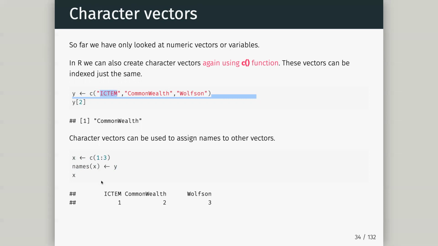And that gives me back now a named numeric vector. So I have my values 1 to 3, but each one of these values, each index now, doesn't just have a position, it has a name associated to it. So all I've done here is create a vector, and then I've used names(x) to assign the names from this character vector to my numeric one.